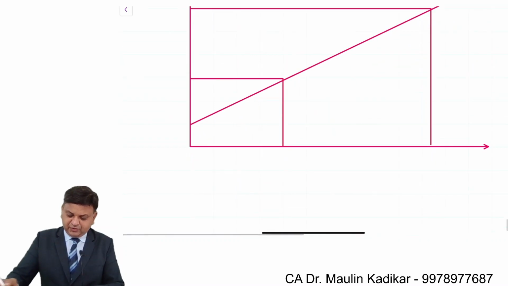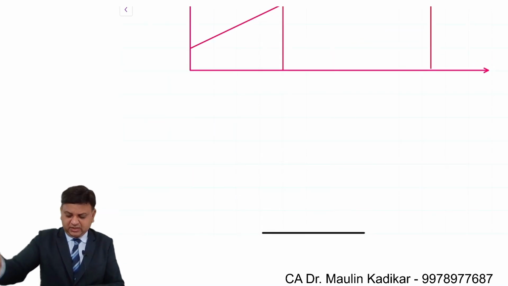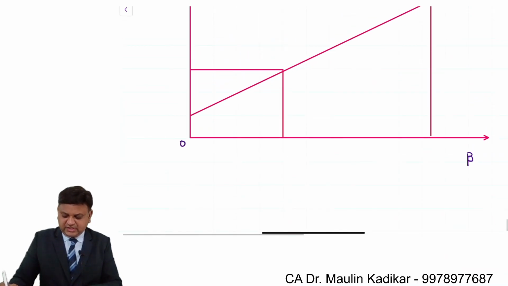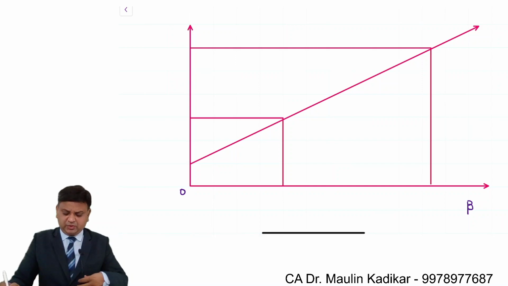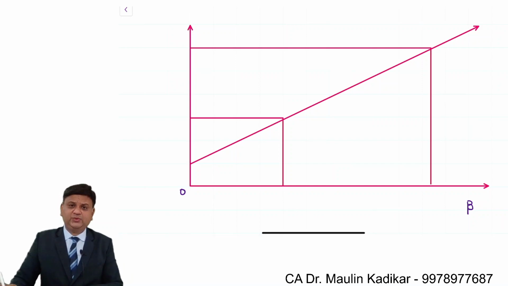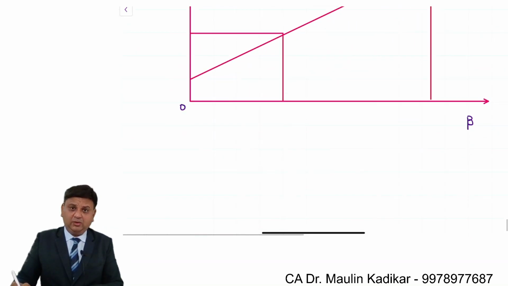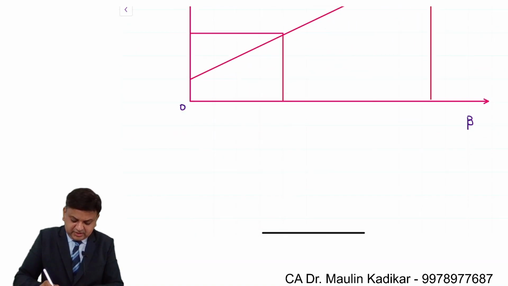Now understand carefully, only for understanding purpose. Of course, from examination point of view, you do not have to draw all these things, but in this question, I just want to explain. On the x-axis, we take beta, the independent factor. On the y-axis, I am taking the return, the dependent factor. When the beta is 0, the return from the security is equal to RF.